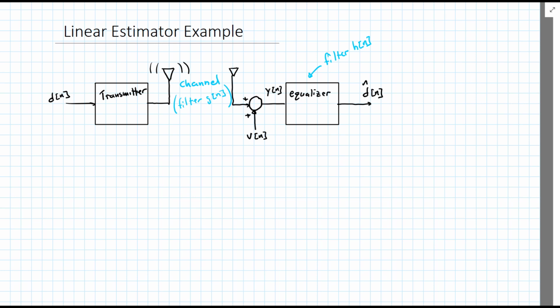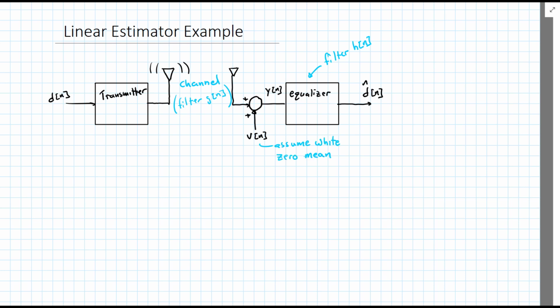Our equalizer is going to be our filter H of n. In the previous example, we showed that as possibly a matrix, and an FIR filtering operation can be expressed as a matrix operation. But right now, just for ease, we're going to express it as just the impulse response of a filter, or the filter coefficients.